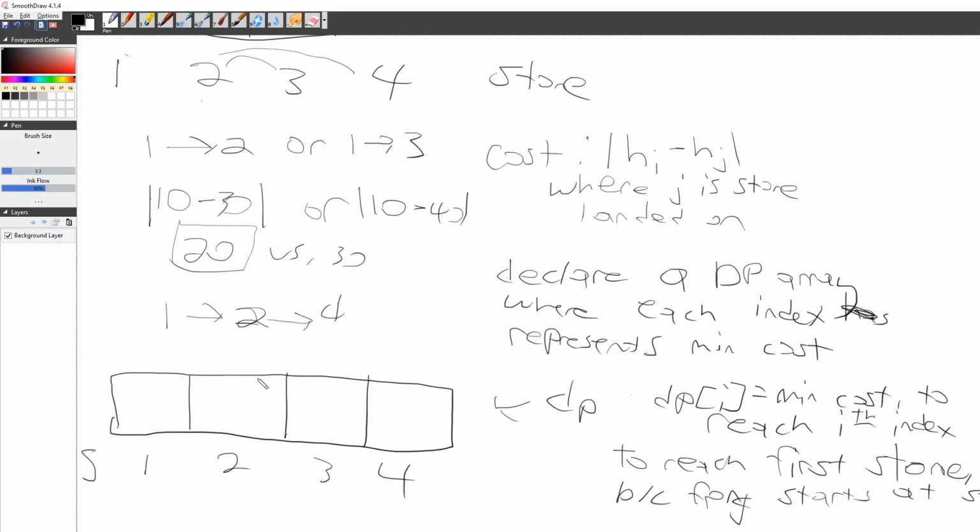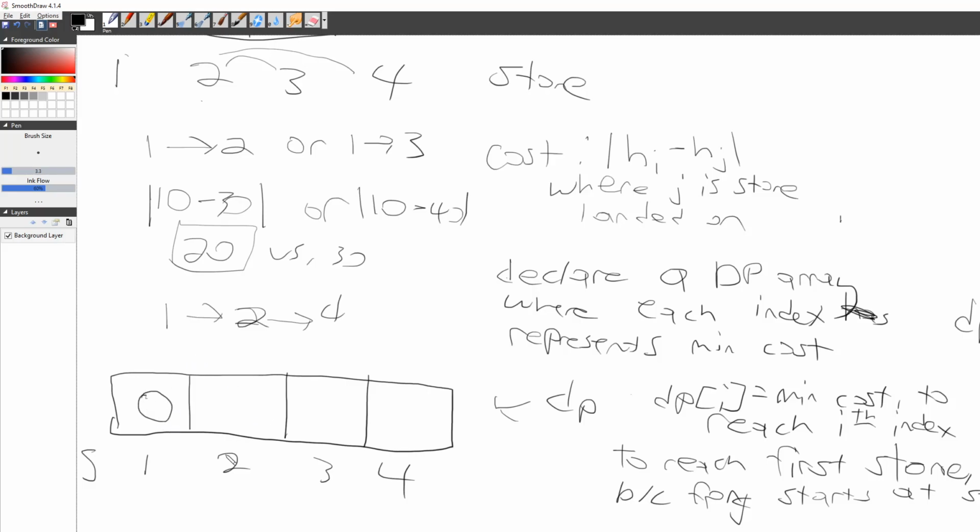To reach the first stone, it doesn't cost anything because the frog already starts there. So that's why it's DP of 0, because arrays are 0 indexed, by the way. So I'm just gonna write this here. DP of 0 would equal 0, because there's no cost associated with reaching the first stone, or the 0th index, because we already start there.